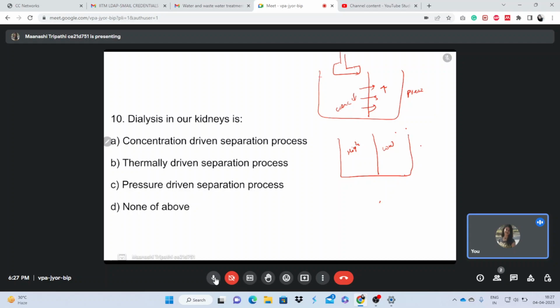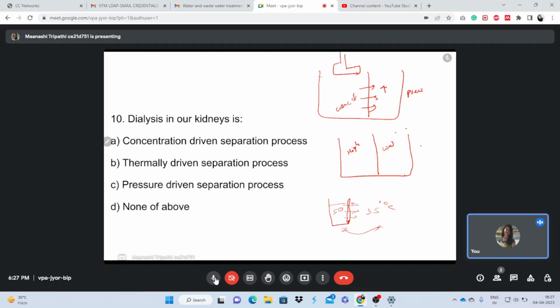And what is thermally driven? We have studied thermally driven in the laws of thermodynamics. For example, if you have a glass of water at 50 degrees Celsius and the outside temperature is 35 degrees Celsius, it will exchange heat until both temperatures are similar.